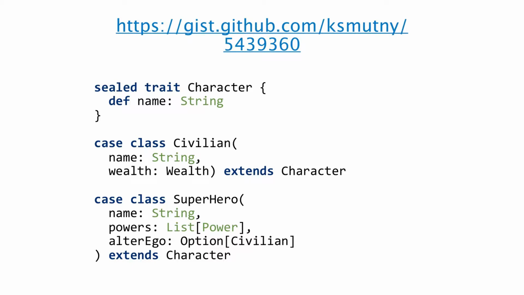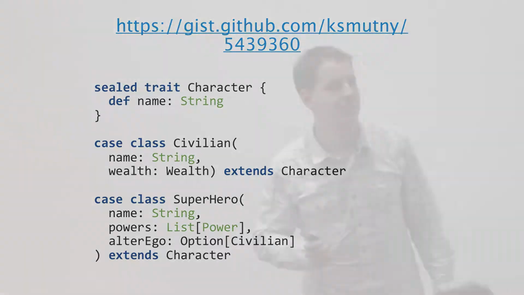We have a trait named Character, which has a name of type string. And it has two subtypes or subclasses. A Civilian, which has a name and some wealth. And a Superhero, which has a name, a list of superpowers, and an alter ego, which is an Option of Civilian. You know some examples?